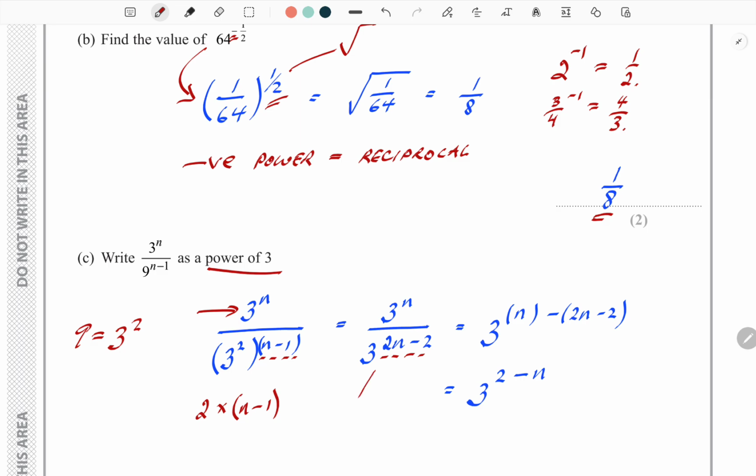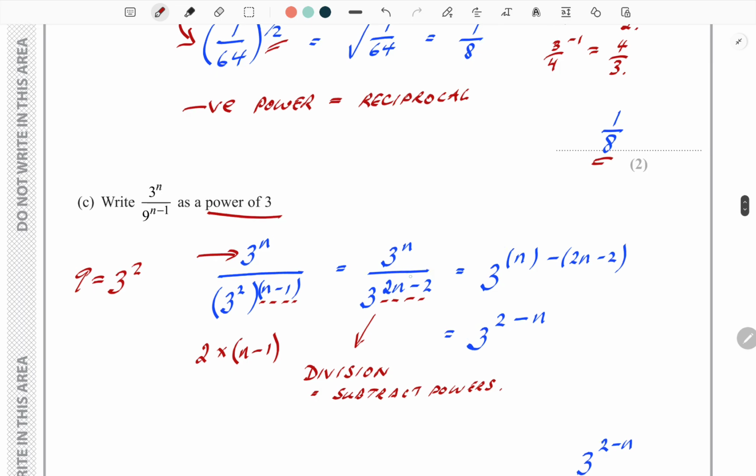When we divide, it equals subtract the powers. And that means that effectively all of that is 3 to the power n minus, 2n minus 2. Now, be careful with this one.